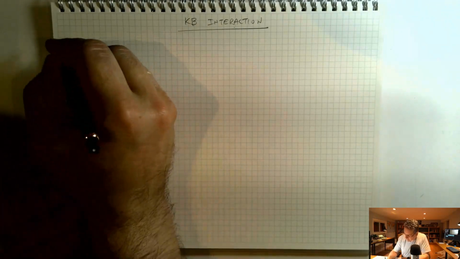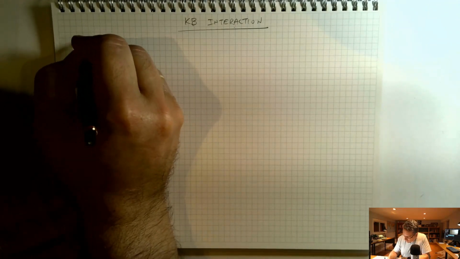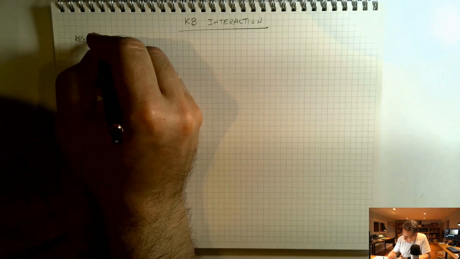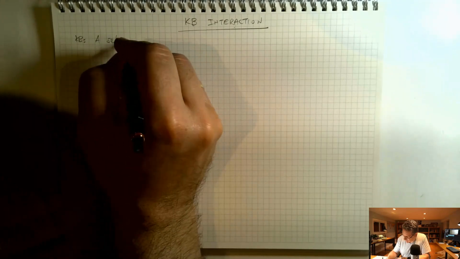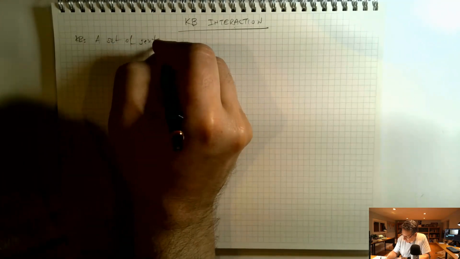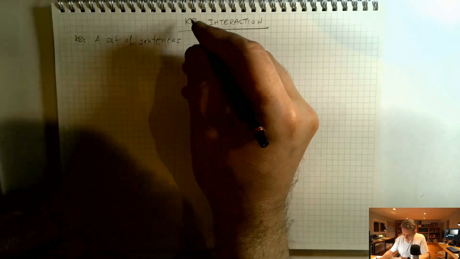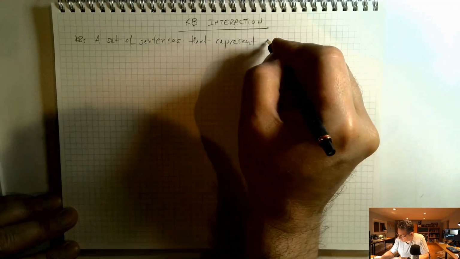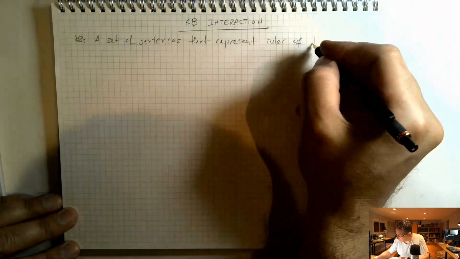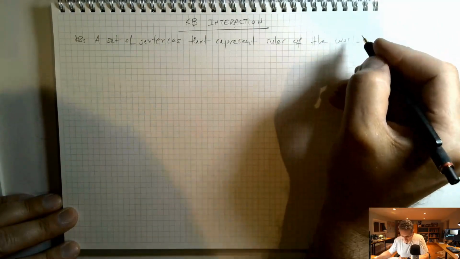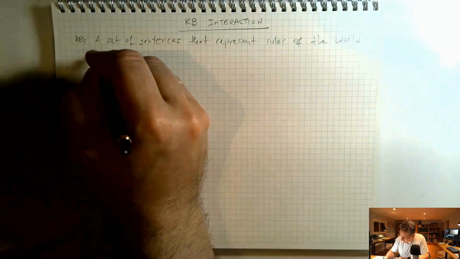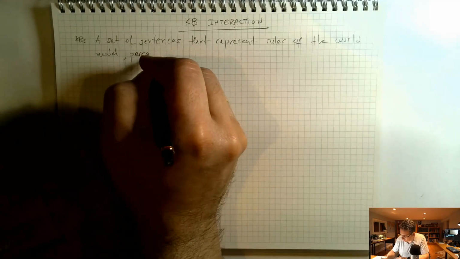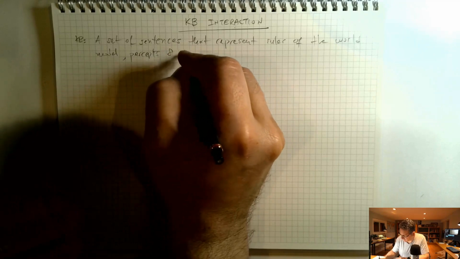So let me just write down again what the knowledge base is a bit more concretely. For us, it's going to be a set of sentences that represent rules of the world model, percepts and inferences.